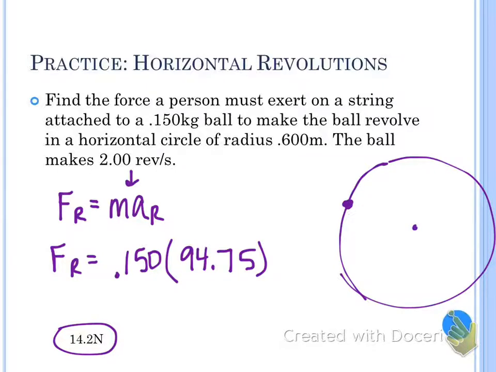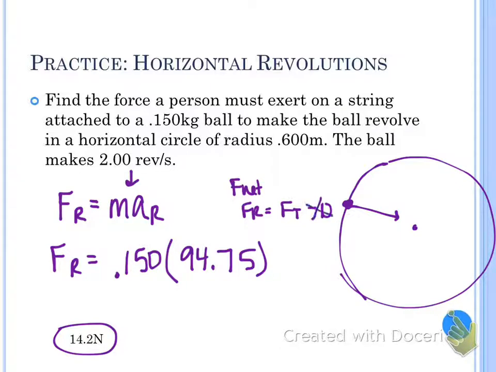I don't care vertically about what's happening here because my net force is toward the center of the circle. That's where my only force is acting. You can call it tension, you can call it whatever you want, but there's nothing pulling it outward. So if I were to set up my net force equation, it would be force of tension minus nothing. Does that make sense? A little bit, yes or no?